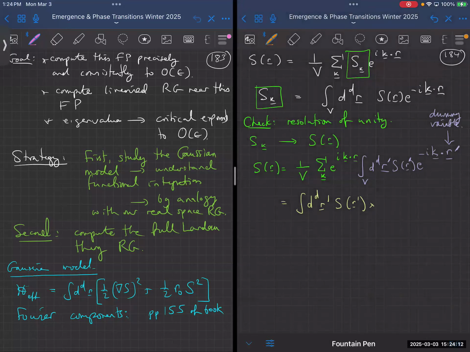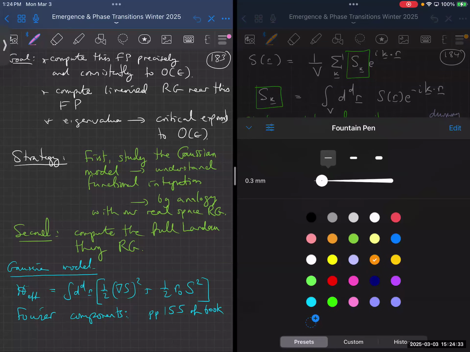So let's write down what the stuff is. The stuff that is in there is 1 over V, the sum over K, e to the i K dot (R minus R prime).